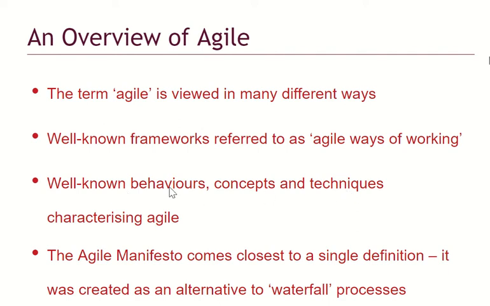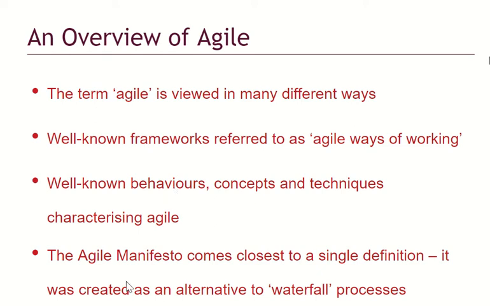There are well-known behaviors when a project is called an Agile project. The way you behave, the concept and the techniques you use are not always the same as the traditional approach to project management, which is called waterfall or simply the traditional approach.